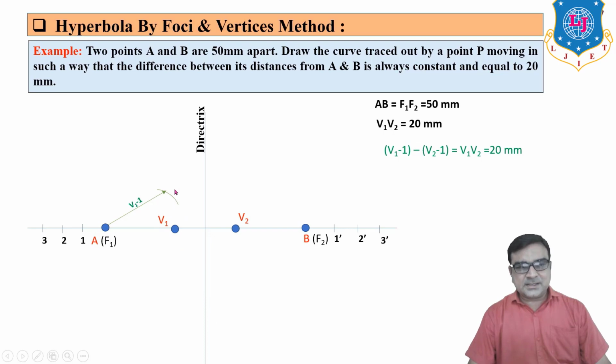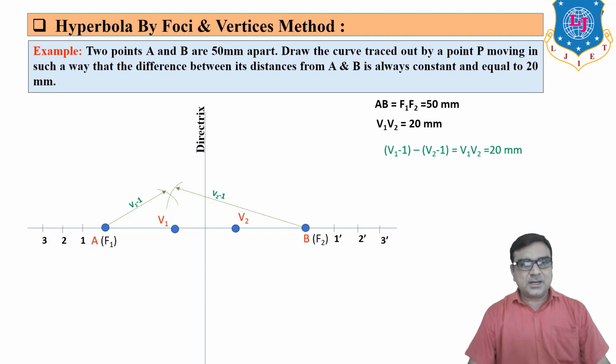Now intersect this arc using another arc with center F2 and radius V2 to 1, and draw the arc. The intersection of these two arcs is our point of the hyperbola.